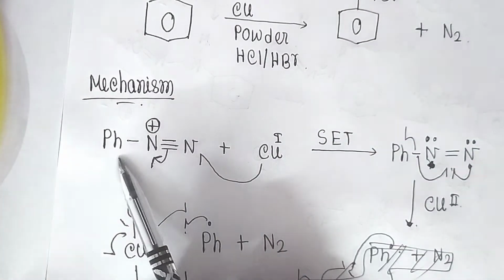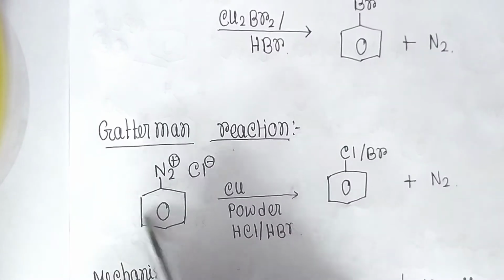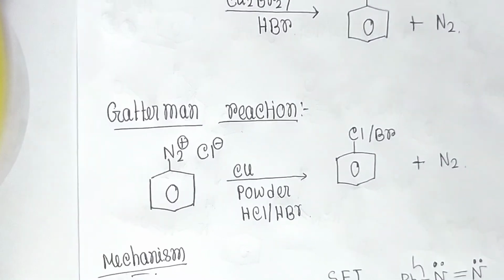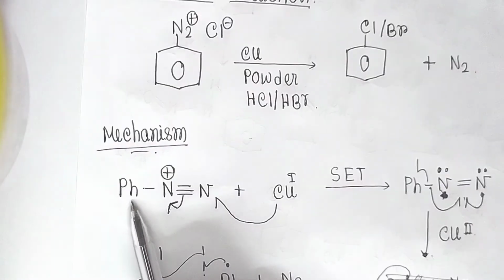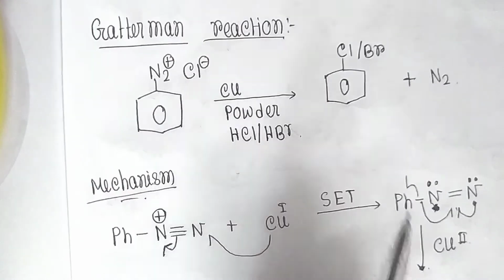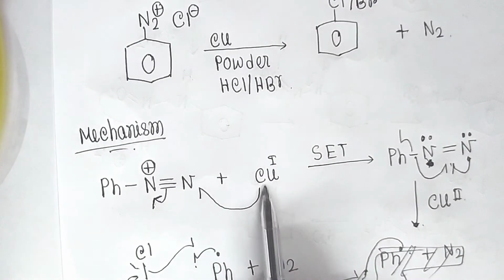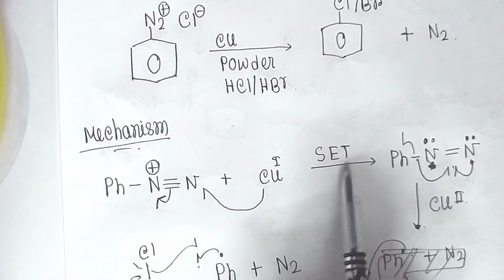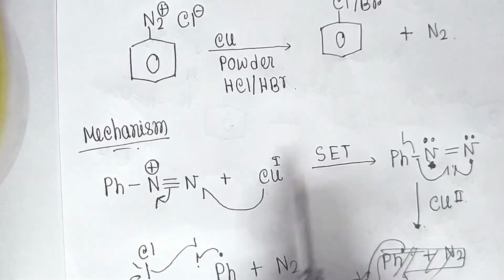As you can see, from the beginning, I am taking this benzene group as phenyl, so I am writing Ph here, and N2 I am writing like this. After that, this reacts with Cu+. As you know, every metal undergoes single electron transfer mechanism, SET mechanism.